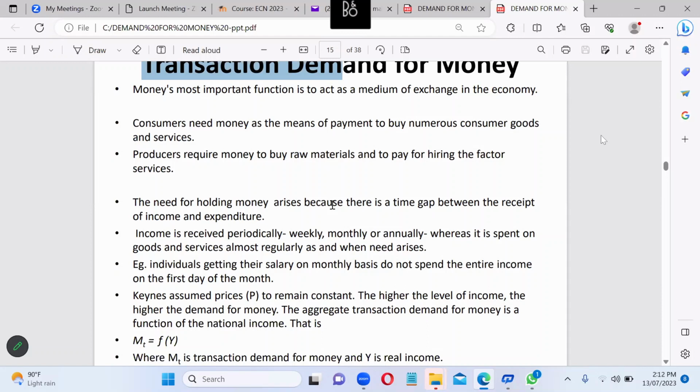Without earning, we cannot go for a transaction. First we earn money, our income, then we go to the shop or the market to purchase some items. So without income, we cannot pay. Income is received periodically. Sometimes we earn income weekly, monthly or annually. So for this purpose, we can spend money for each and every transaction.